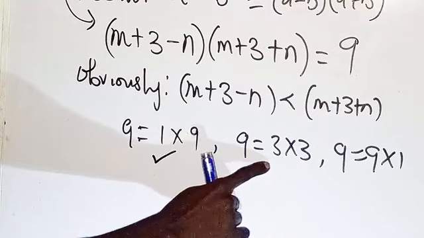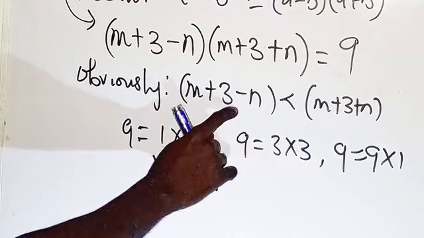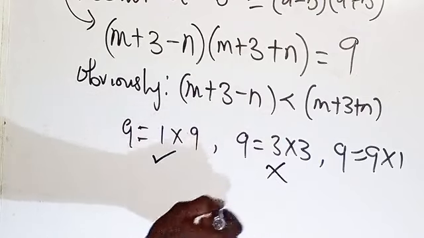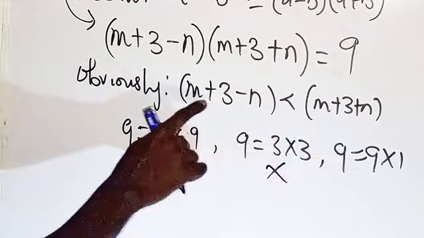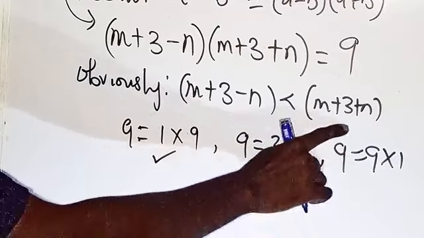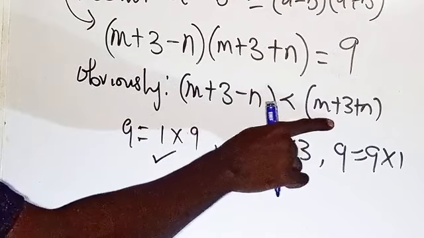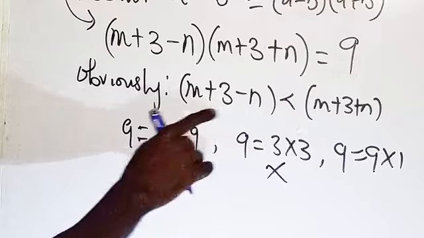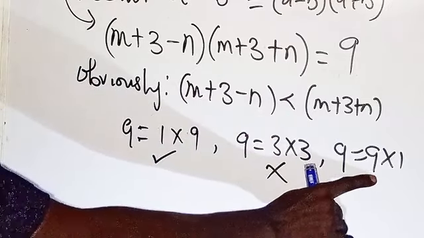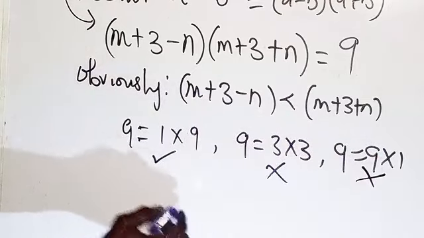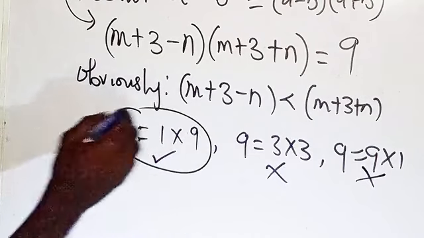Let's check the other one: this is 3, this is 3. They are the same, so this will be cancelled out. Here we have 9 first, which is greater than the second one, so we're going to cancel out this one. The only one we are going to use is this one.